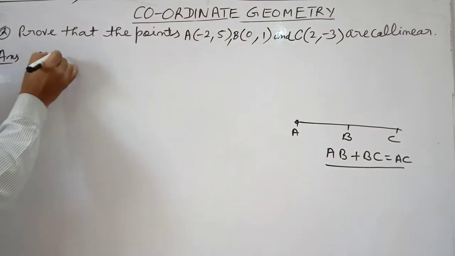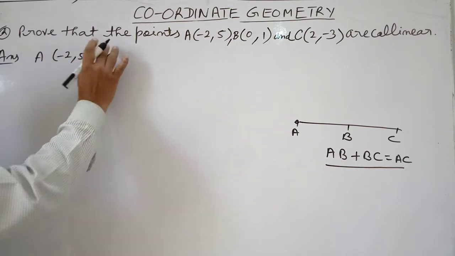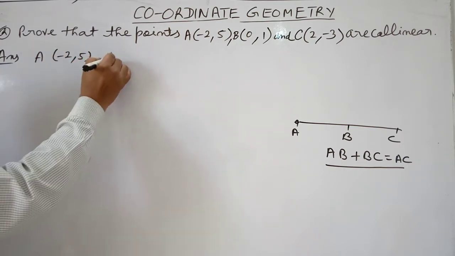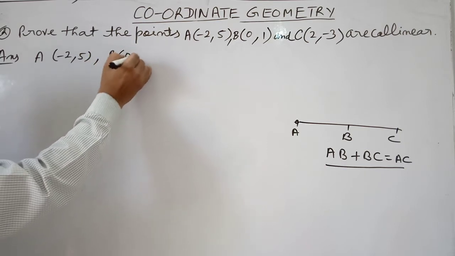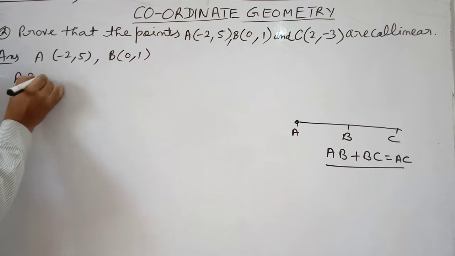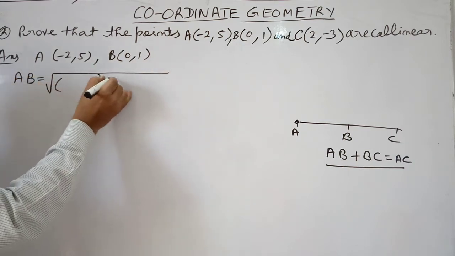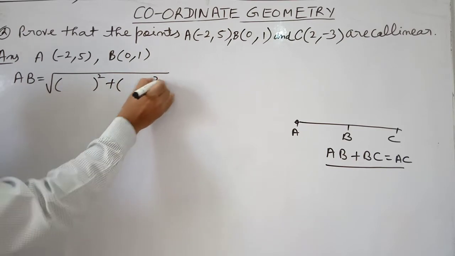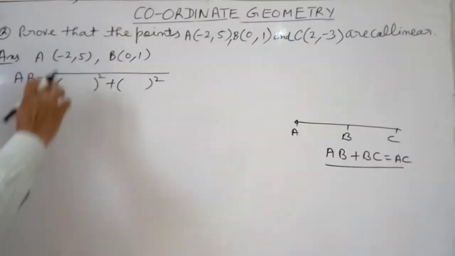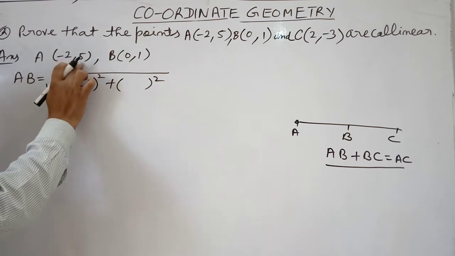A is (-2, 5) and B is (0, 1). So AB equals the square root of (x1 minus x2) whole square plus (y1 minus y2) whole square: (-2 minus 0) and (5 minus 1).